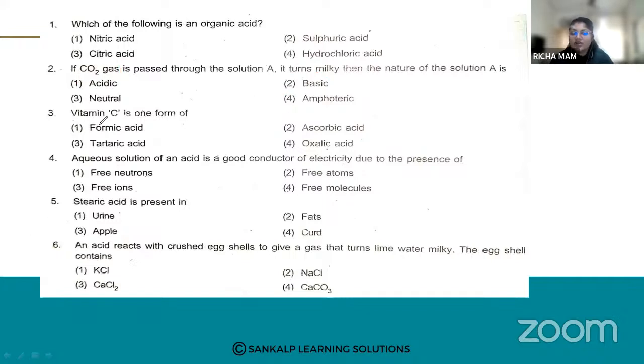Okay, next one. Vitamin C is one form of: first one, formic acid, two, ascorbic acid, three, tartaric acid, and four, oxalic acid. So what is the form of vitamin C?